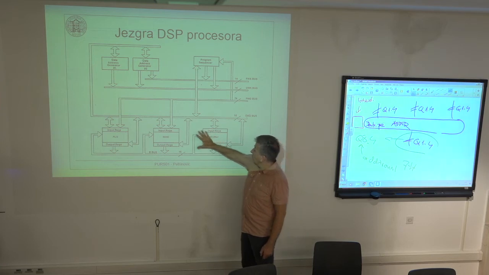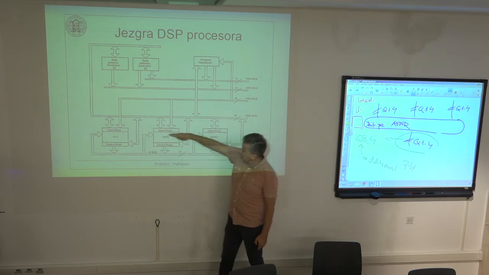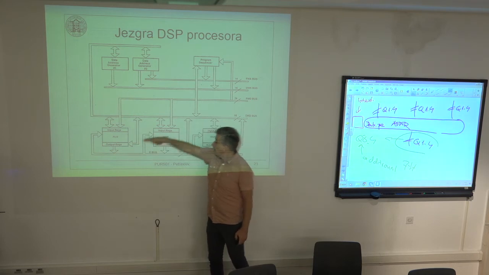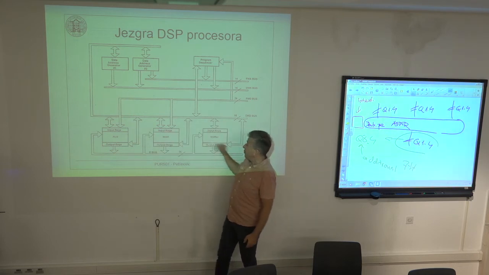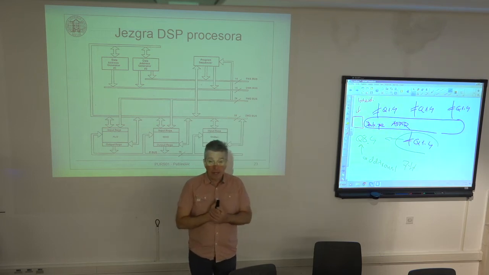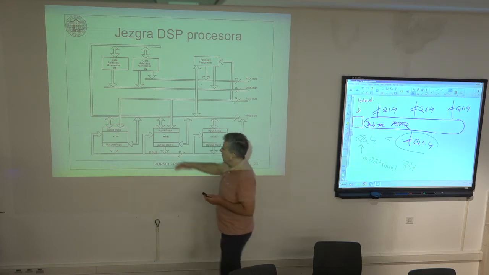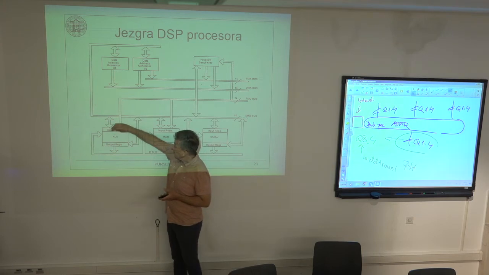Okay, but what you can see from this enlarged image is that each of these executional units has a dedicated set of registers. The reasoning about these registers is the following. The instruction can be executed only for the arguments stored in these registers.